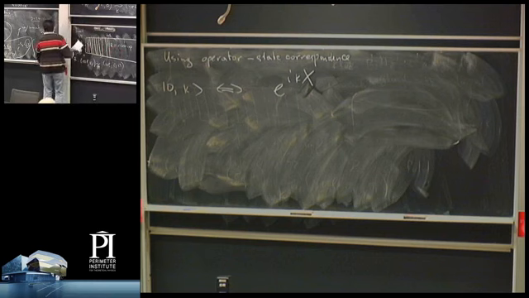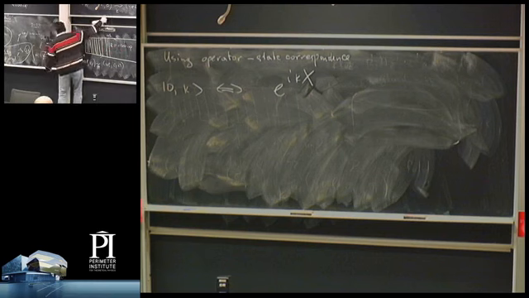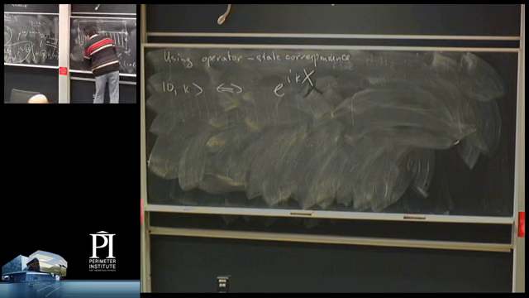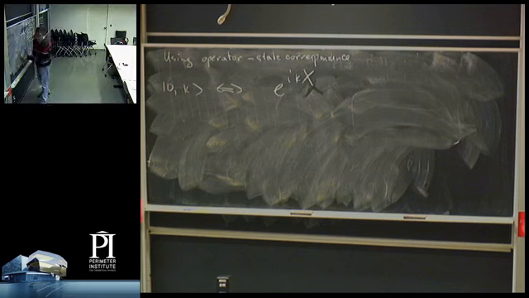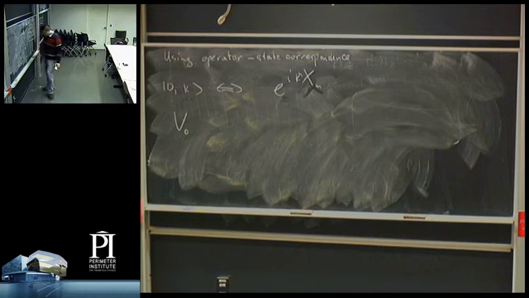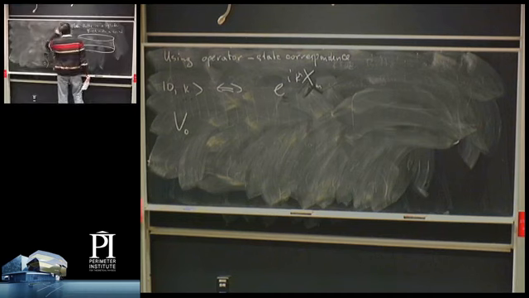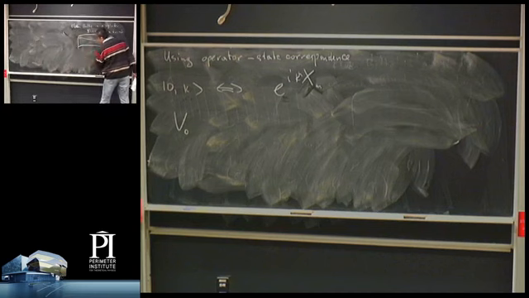We cannot have an anomaly in symmetries. So what we're going to do now is see what kind of constraints come from the vertex operators once we require that there is Weyl invariance.